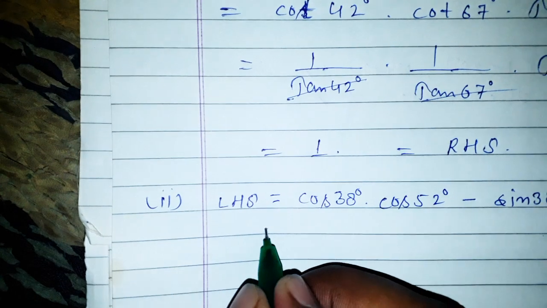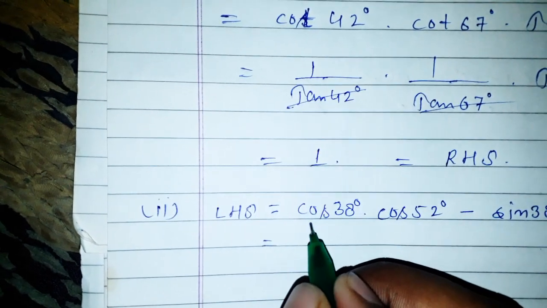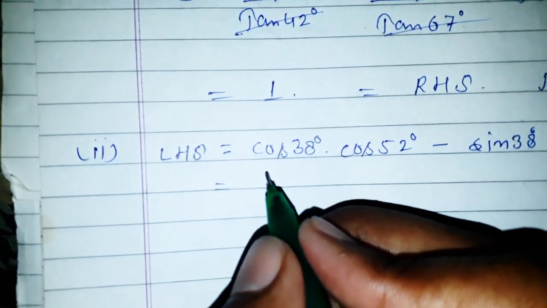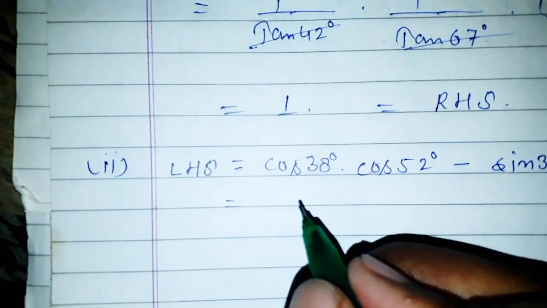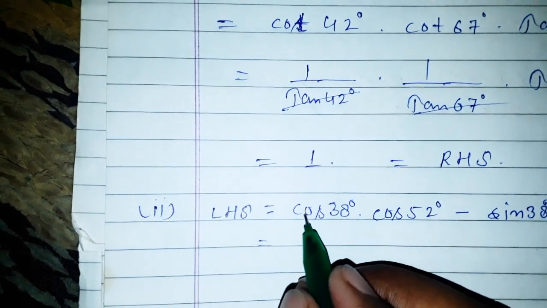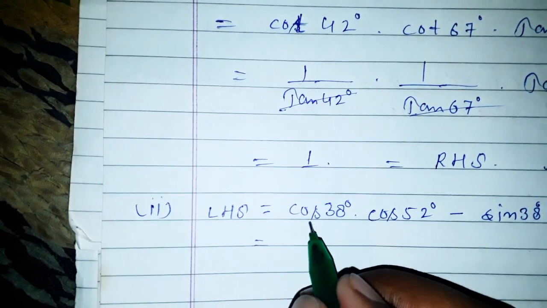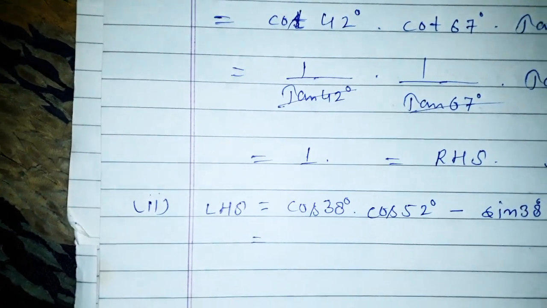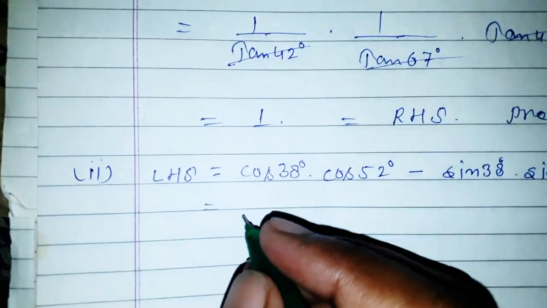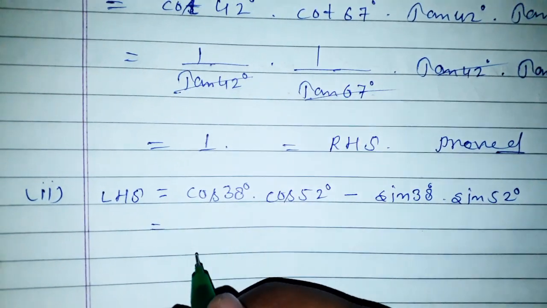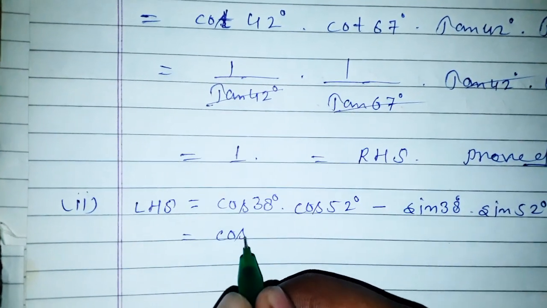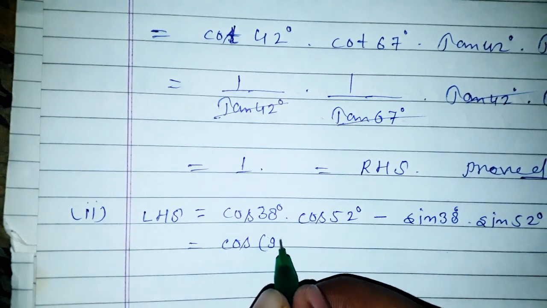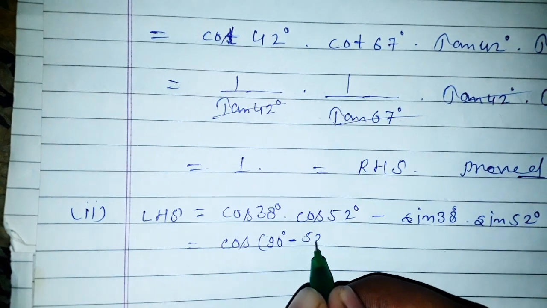Now change this value. Cos 52 is cos 90 minus 38 degree.